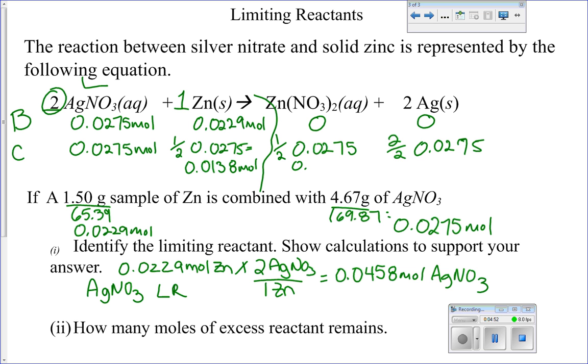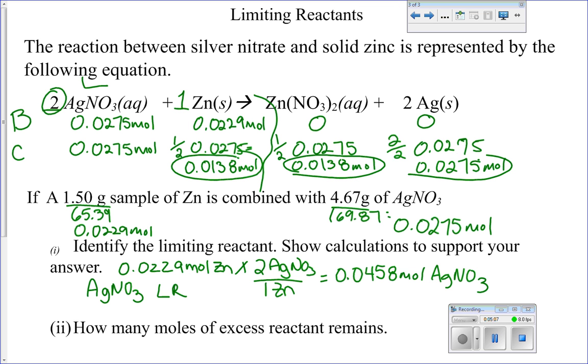So again here and here, because it's a 1-to-1, a 2-to-2 is a 1-to-1, it's the same value. So these are the numbers that I need to either be consumed on the reactant side or be made on the product side.